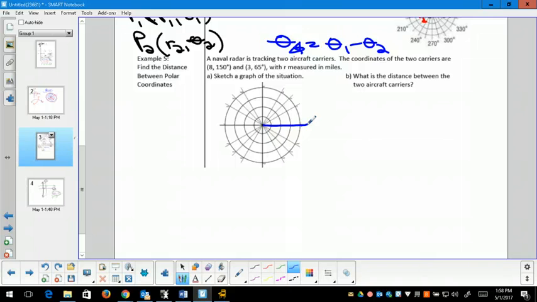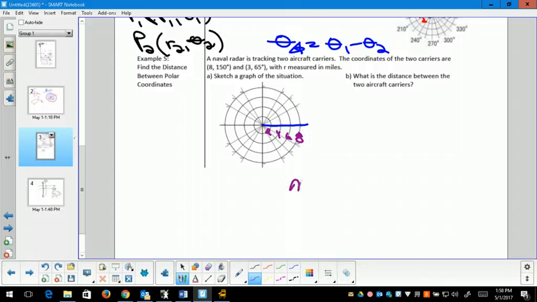Here's our 3, 65 degrees, which is roughly over here. And then the 150 is right there. Oh, wait, I can't do that because I'd have to make more rings. I need to make more rings, so I'm going to have to scale it to make it fit. Forgot about that, sorry. So this is 2, 4, 6, 8.